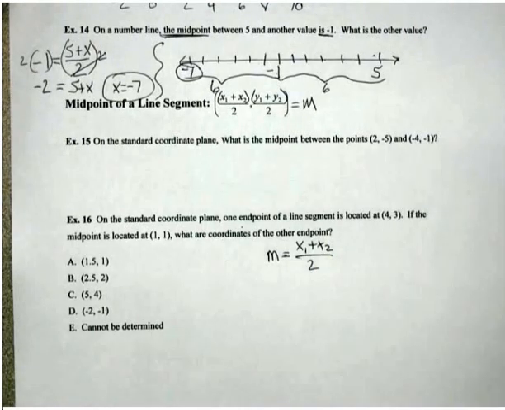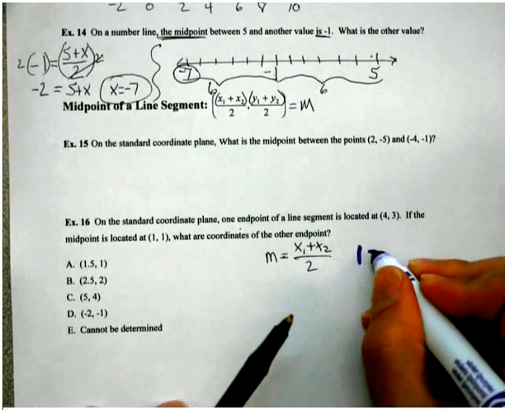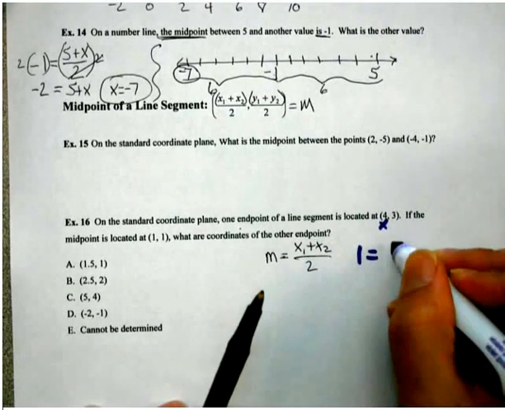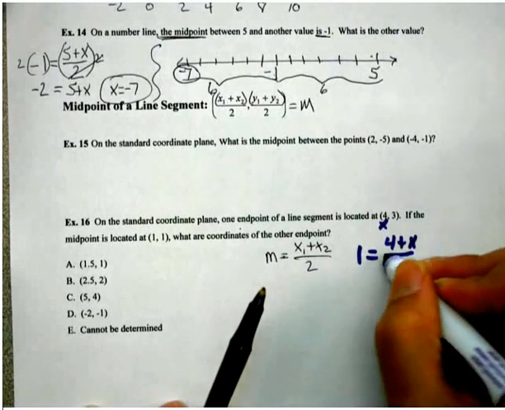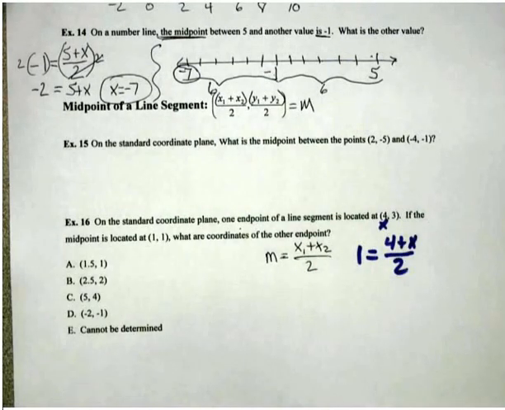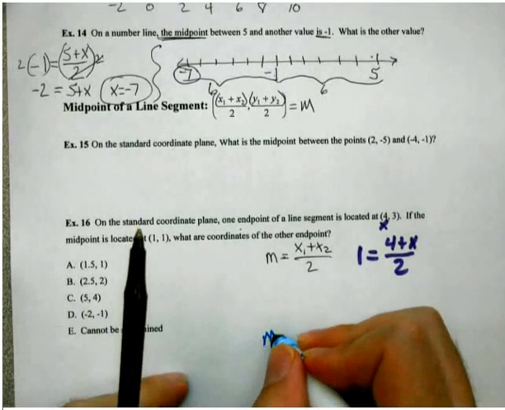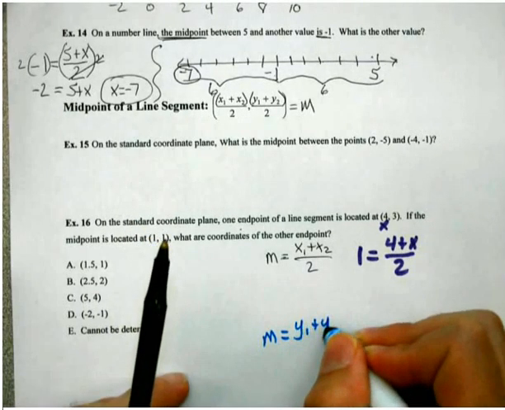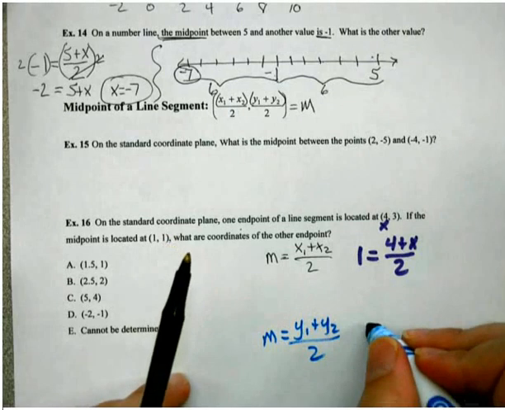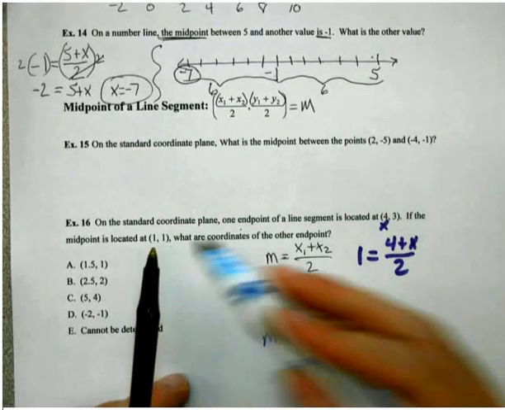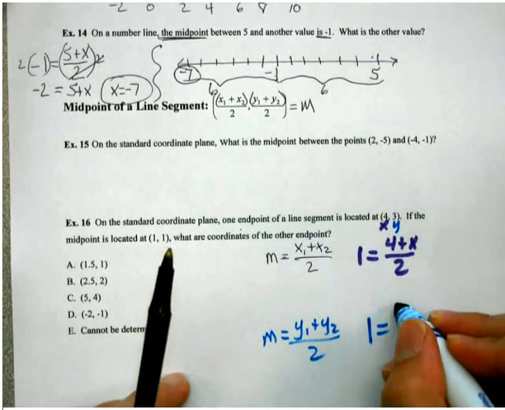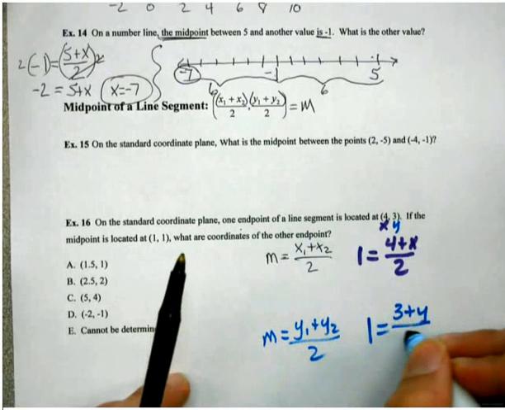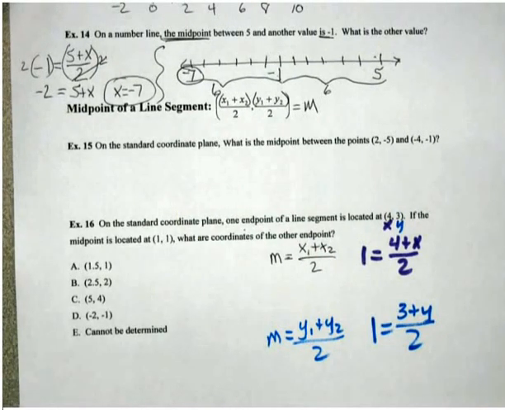So I go, okay, midpoint's at 1. My x value is at 4. Then I'm going to move down a little bit. For the other part of my midpoint, I'm going to do the same thing with my y's. Midpoint's still at 1. My y value is at 3.